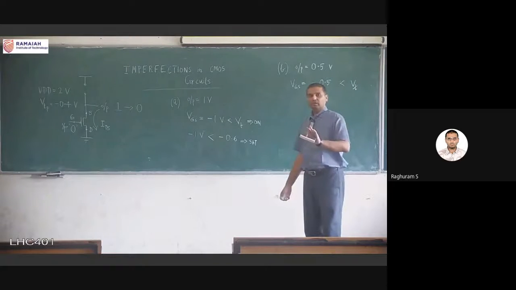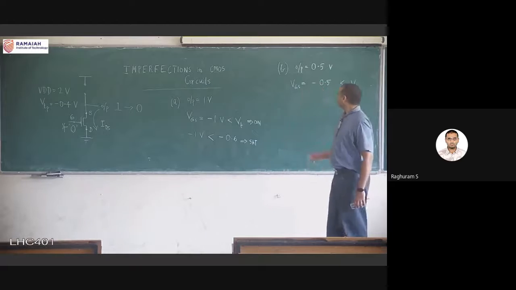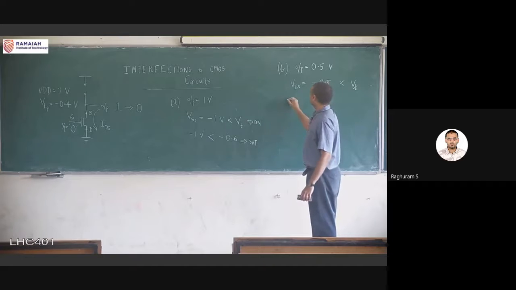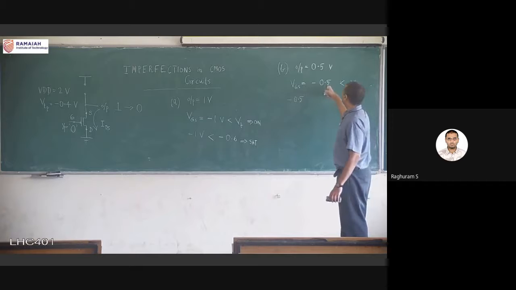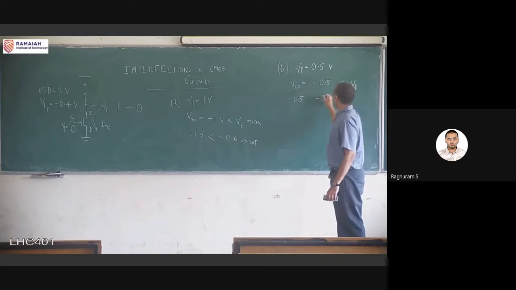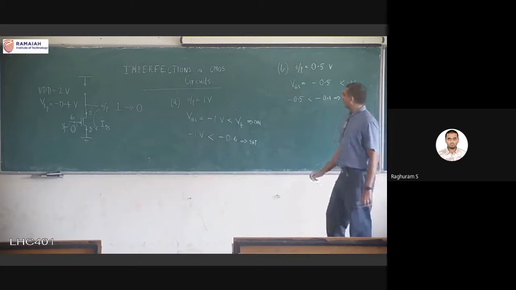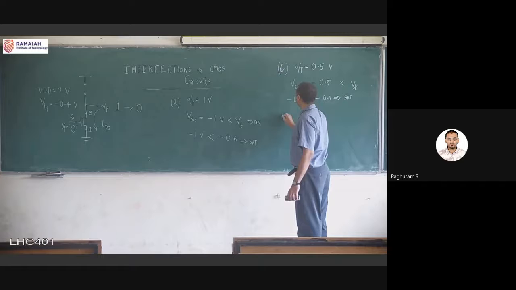So it's still okay, we can still get the value for the current. And the region of operation, this time VDS is minus 0.5 and VGS minus VT is minus 0.1. So it continues to be in saturation.